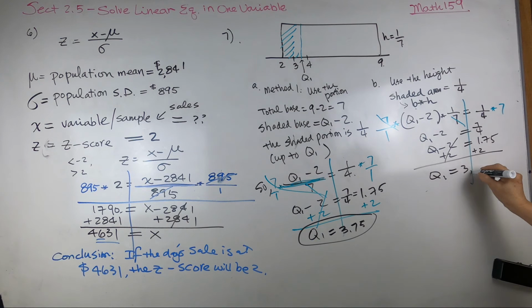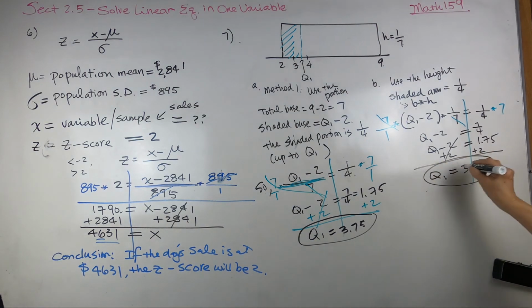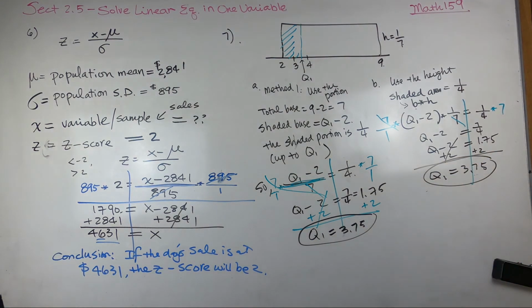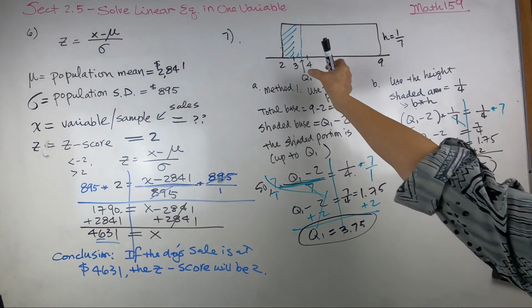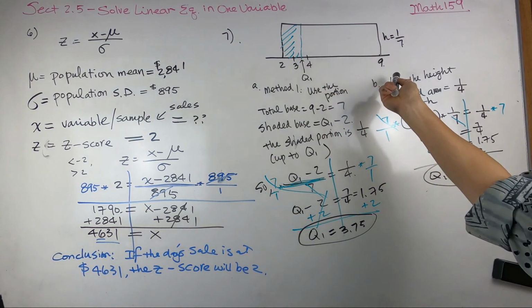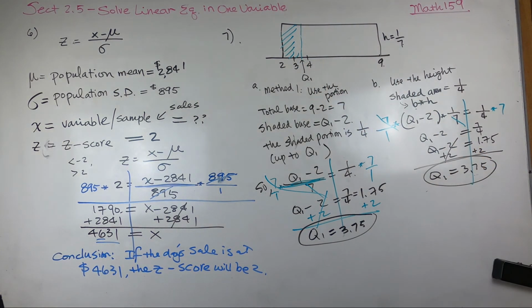Q1 is 3.75. You get the same answer. Okay? One is by portion: you compare the base, become a quarter of the whole thing to solve it. Another one uses the area, a quarter of the area. Then you solve your linear equation that way.